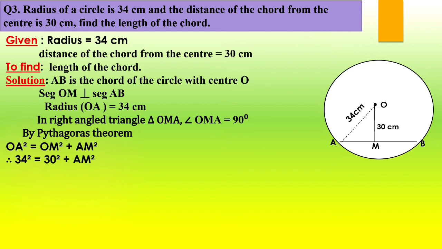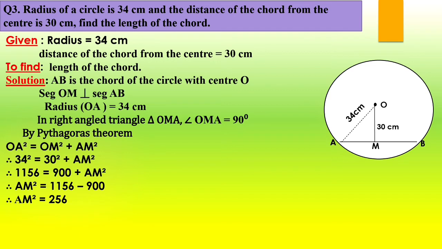Substitute the value of OA 34 and OM is 30. Square of 34 is 1156. Square of 30 is 900. Now square of AM equal to 1156 minus 900. How much we get, student? 256. And square root of 256 is how much? 16 centimeter. So here we get the value of AM is 16 centimeter.